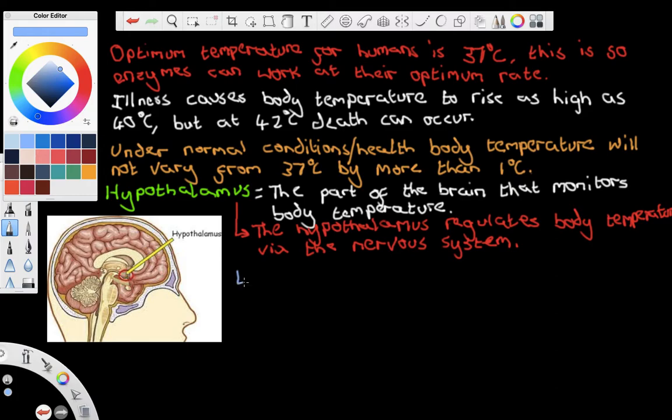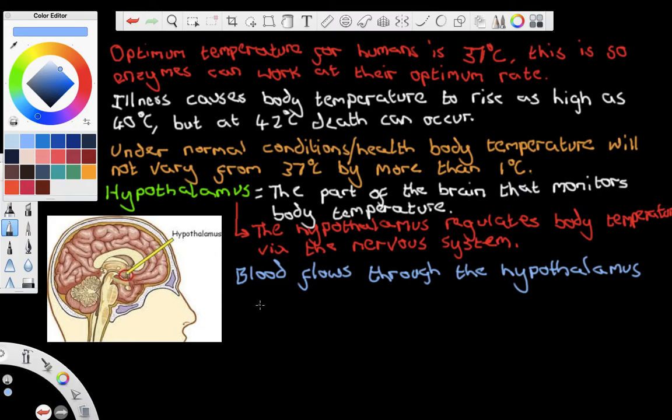So we can say blood flows through the hypothalamus which registers the temperature of the blood.